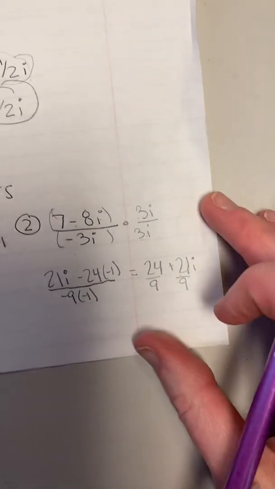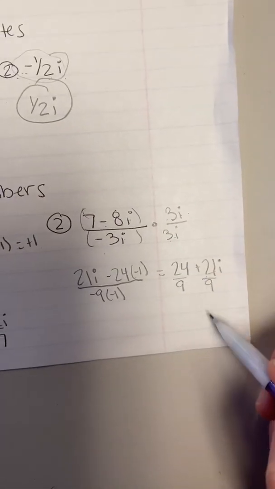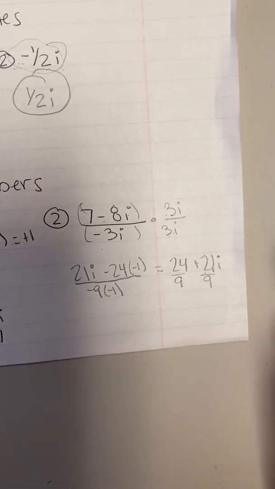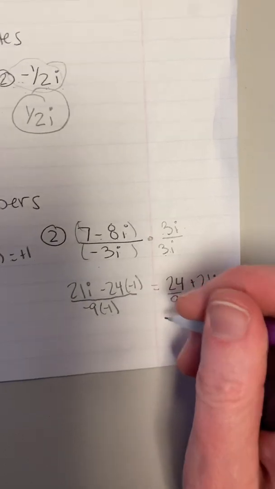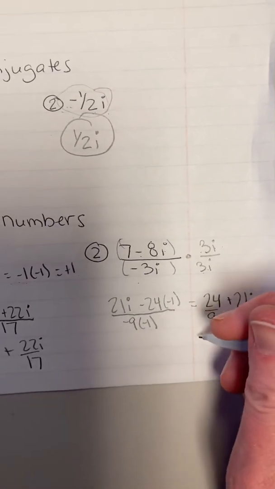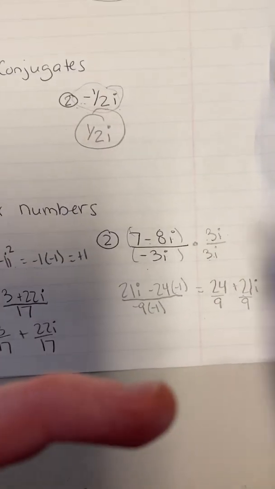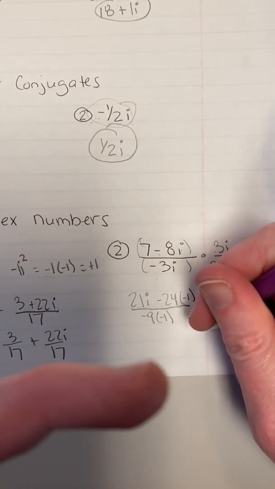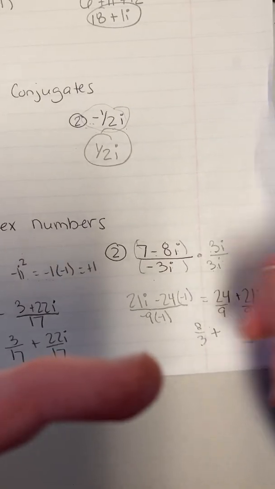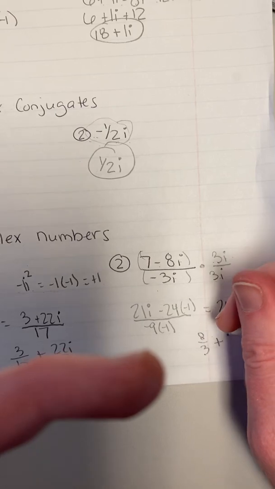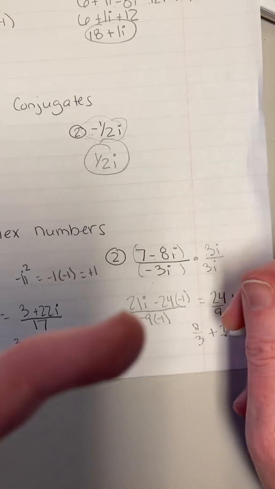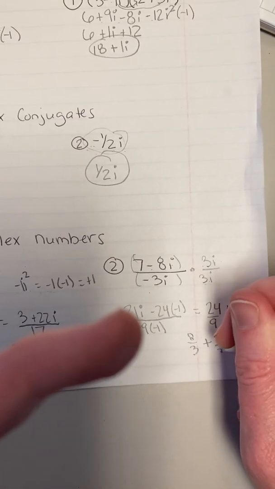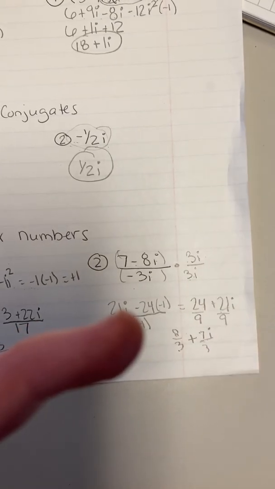Okay, so now I can simplify if I need to. I can divide by 3, so that would be 8 over 3 plus, simplify here, divide by 3, 7 over 3. Oh, sorry.